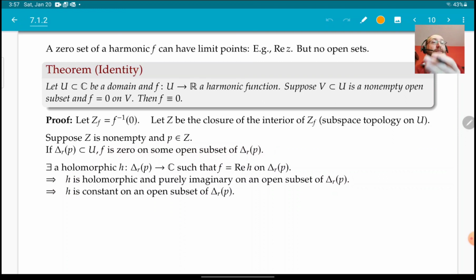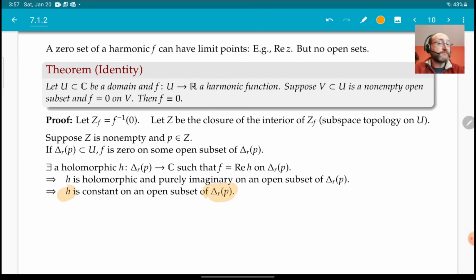That means that h is constant on some open subset of this disk. This can be proved very simply: you could just use the Cauchy-Riemann equations, or maybe the open mapping theorem, or there's a bunch of ways to prove this.